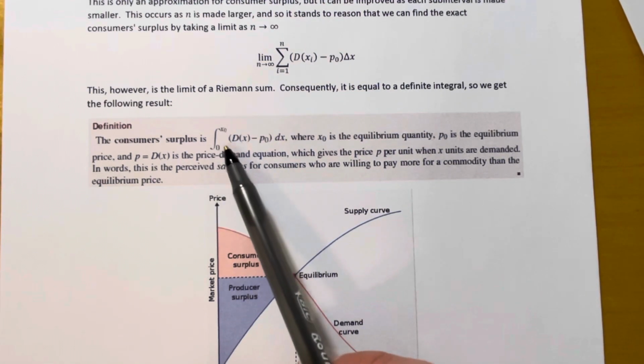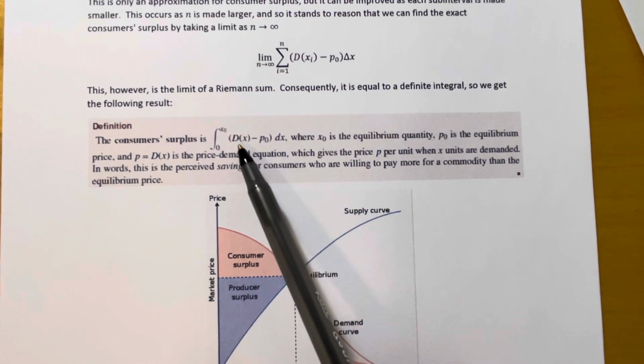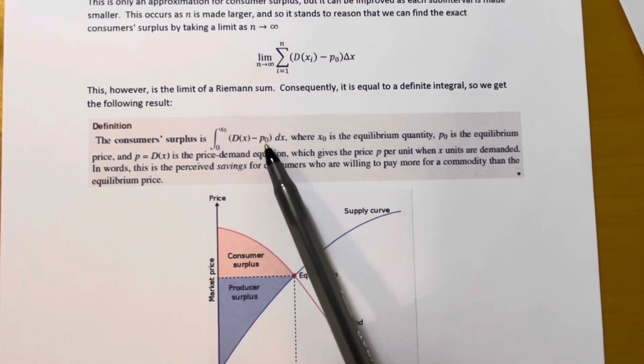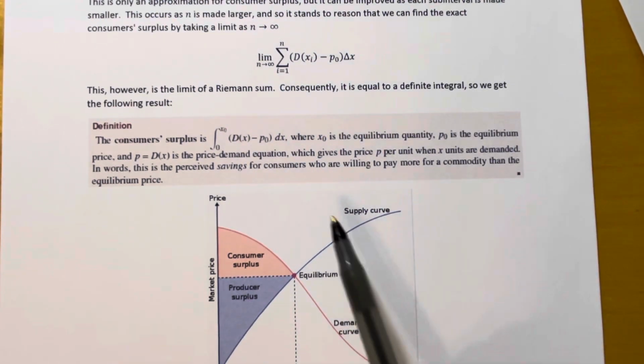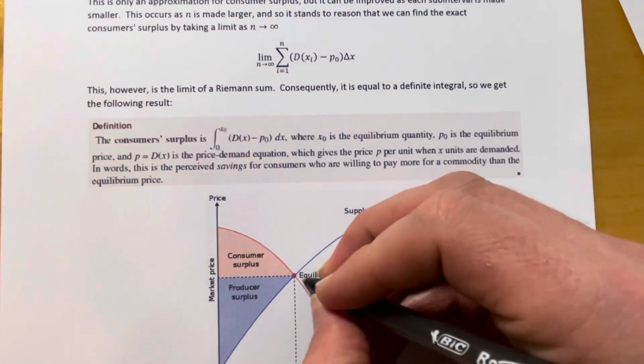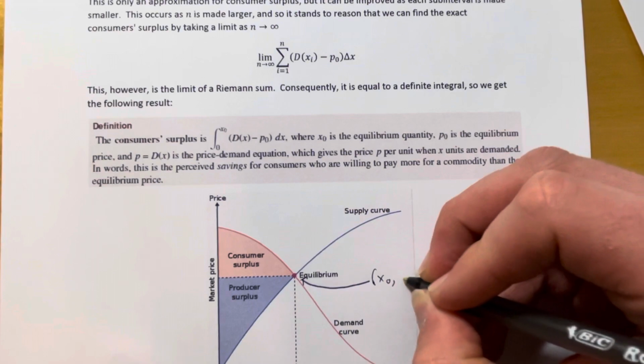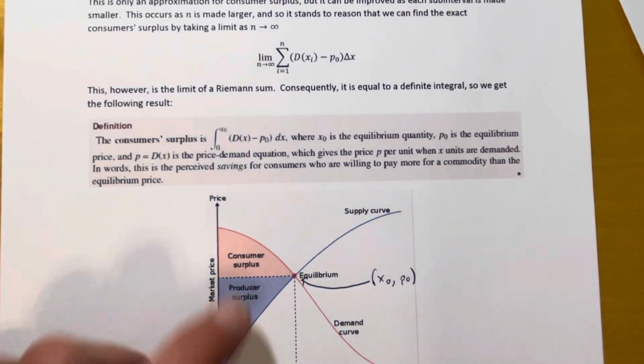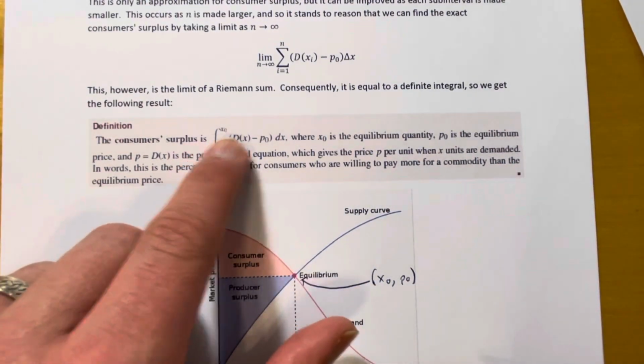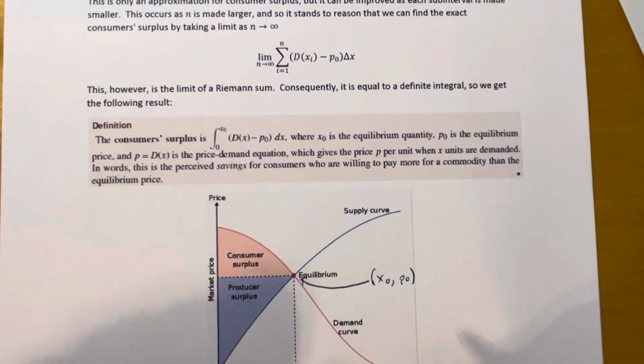So consumer surplus is the integral from 0 to x naught of d of x minus p naught dx. And as a reminder, the equilibrium point is the point x naught, p naught. This is where that x naught and that p naught are coming from. So again, p naught is market price, x naught is equilibrium quantity.